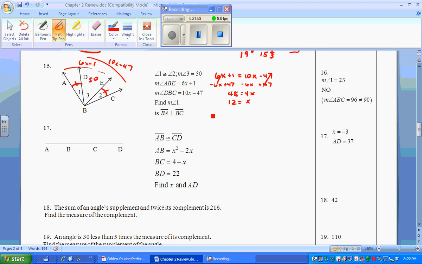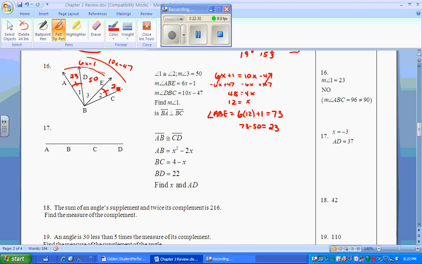We want the measure of angle 1. What we can do is say ABE is equal to 6 times 12 plus 1, which is equal to 73. So this angle over here is 73, but that includes the 50. So 73 minus 50, I'm left with 23.